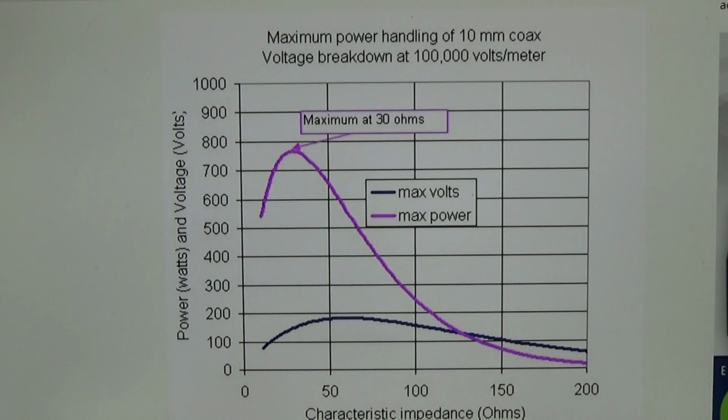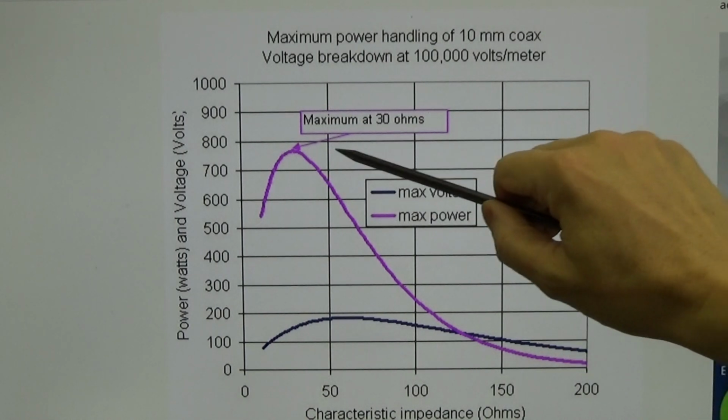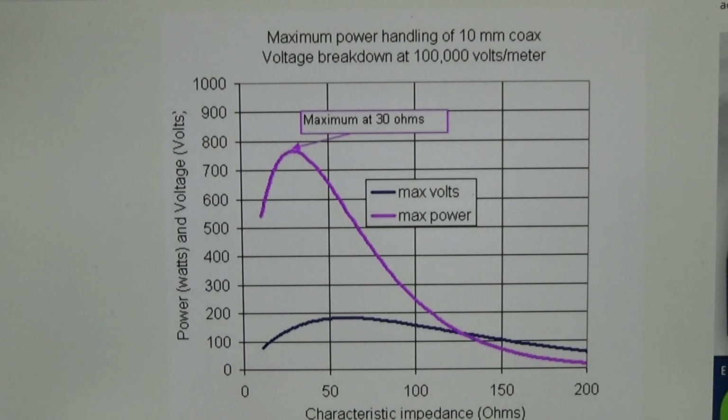We put our radio impedance somewhere around 50 ohm. And with 50 ohm, this is a kind of compromise. We still have high power handling, and on the other hand we still have acceptable receive loss.